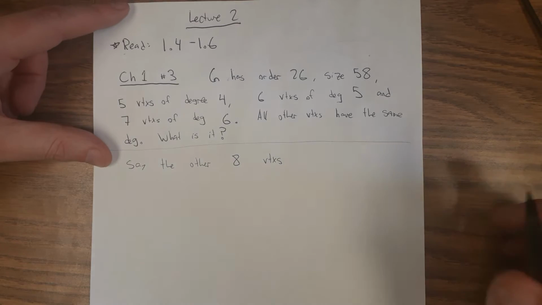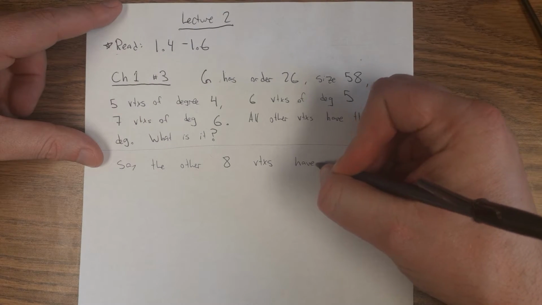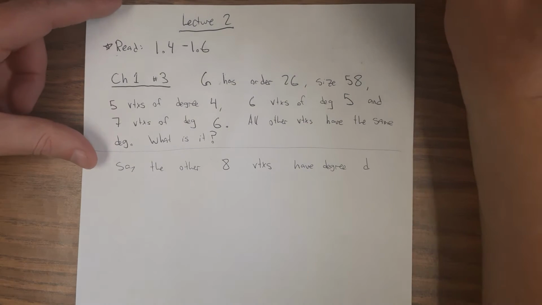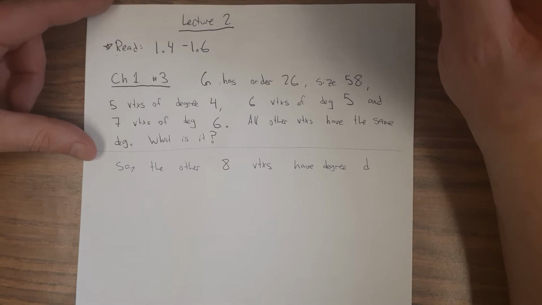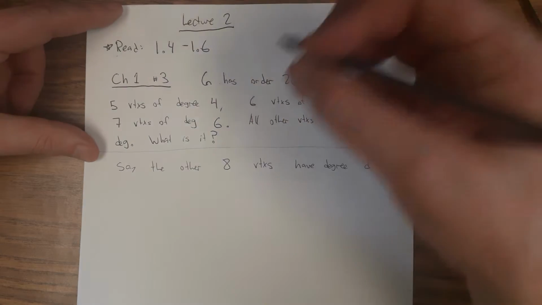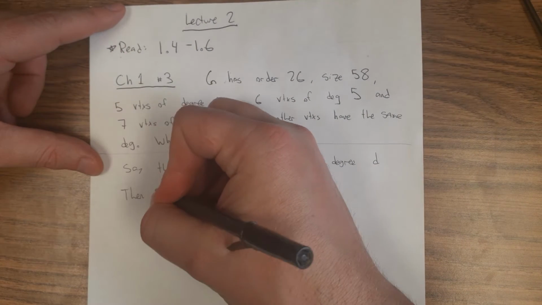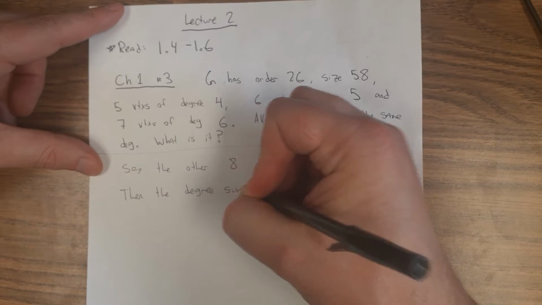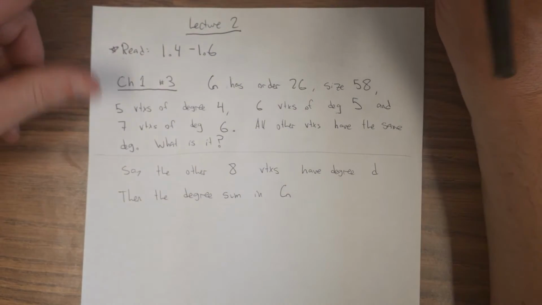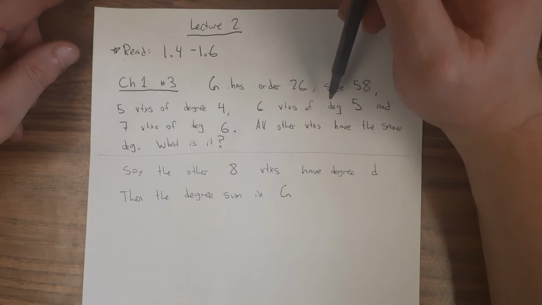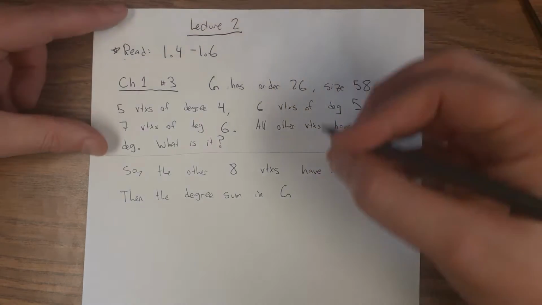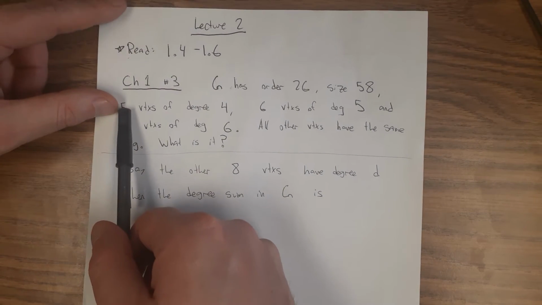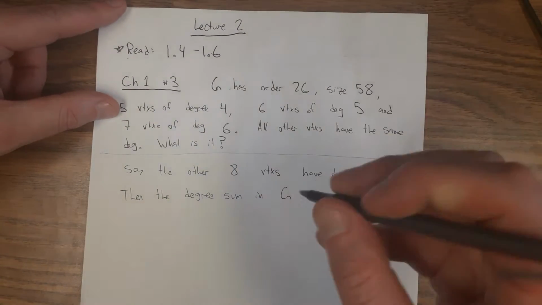vertices whose degrees I don't know, but I know they all have the same degree, whatever it is, say D. Then if I do the degree sum in G, meaning I add up all the degrees of all the vertices, well, I've got 5 vertices, and each of them has degree 4.